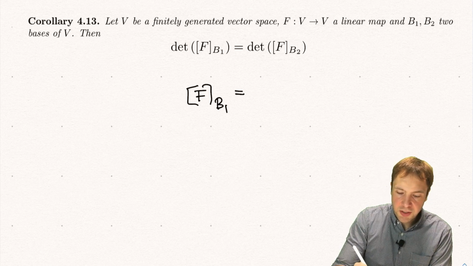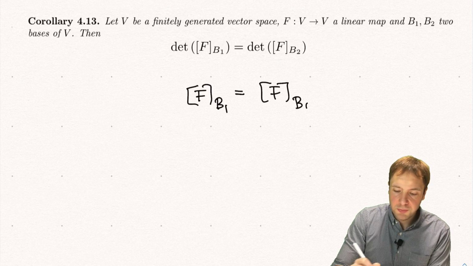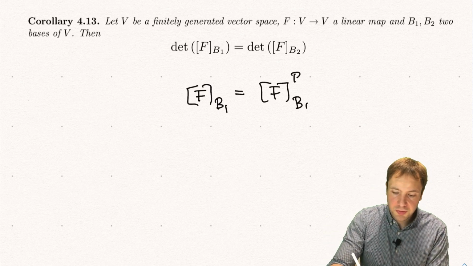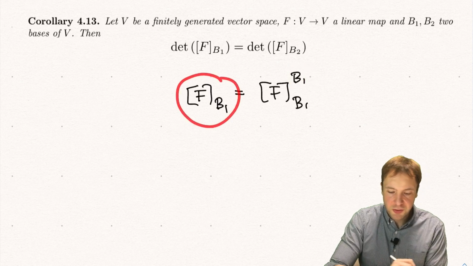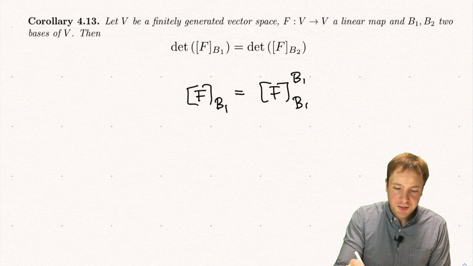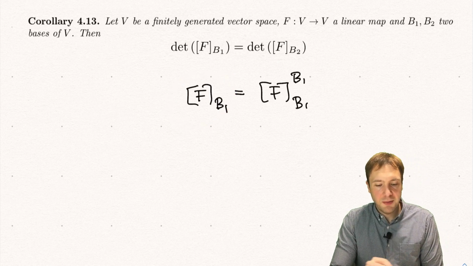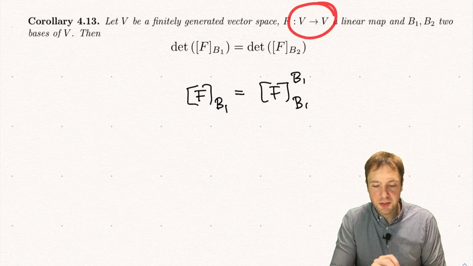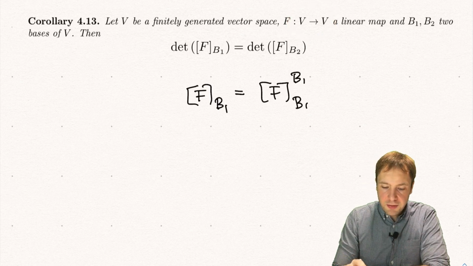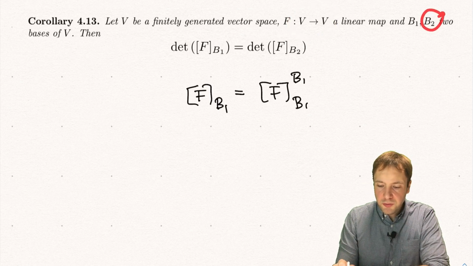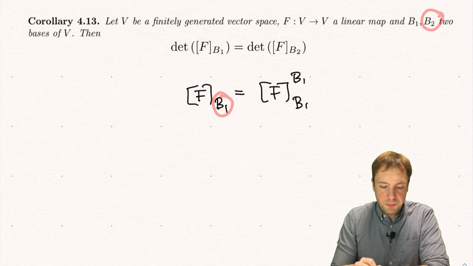In general we defined it from a basis B1 to B1, and if these two bases are the same, we just denoted it like this. So this gave an n by n matrix, if the dimension of V is n. And we could also do this for another basis B2, which gave a different matrix.